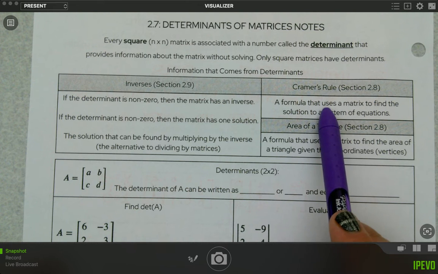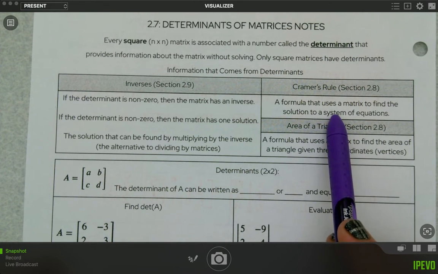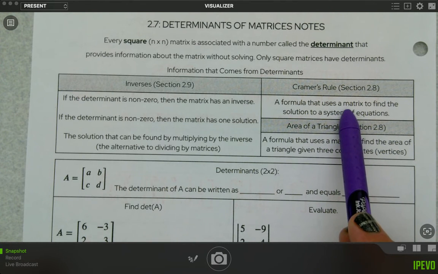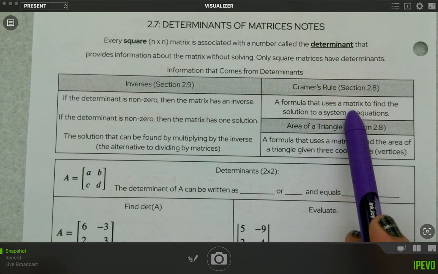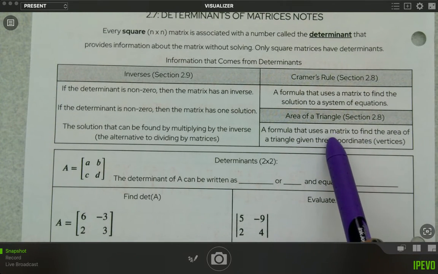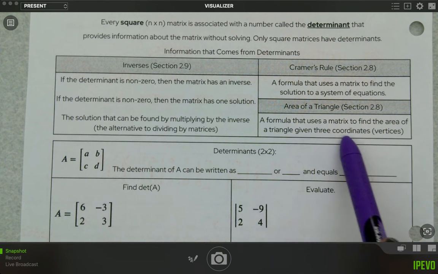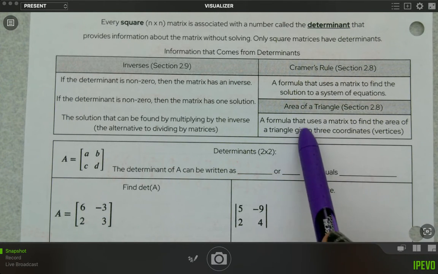Cramer's rule is a formula that uses a matrix to find the solution to a system of equations, and it uses the determinant. So instead of using row operations to solve, you just do a bunch of calculations with the determinant. And then the area of a triangle: if you only have the 3 coordinates, the vertices, rather than the base and the height, you can use a matrix to find the area of a triangle.